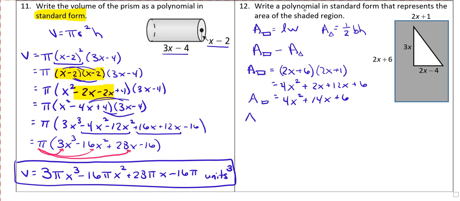Okay, and then I'm going to find the area of my triangle. So 1/2, my base is 2x minus 4, my height is 3x. Now don't go crazy and multiply the 1/2 times everything. You pick 2. So if you want to start with the 1/2, you can, just multiply 2 of them together. Okay, so if I multiply these together, I get x minus 2, and then multiply by 3x.